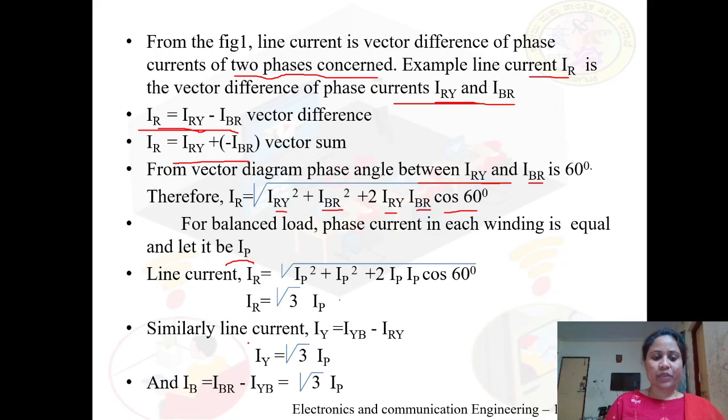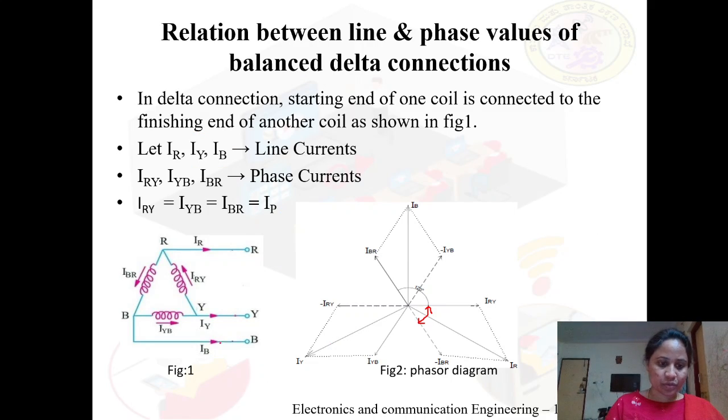Similarly, if we consider the line Y, so let me just go back to this. If you consider this line Y, at this particular point, you can notice IY is nothing but the vector difference between the two phase currents for the concerned phases, that is IYB minus IRY.